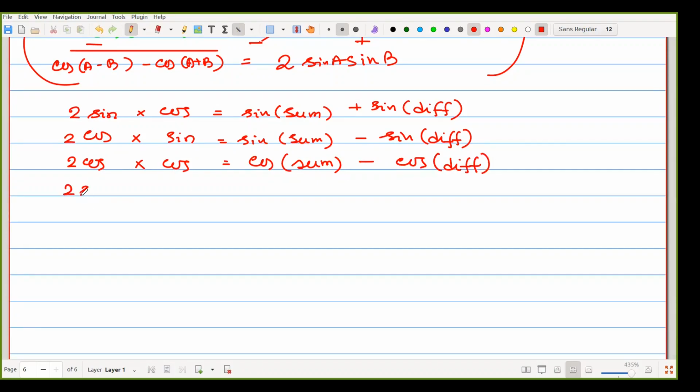But 2 sine into sine is cos of difference, that is the important one, minus cos of summation. So the final one is the difference.